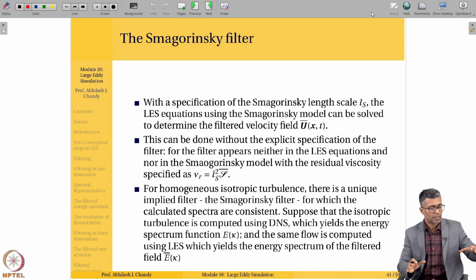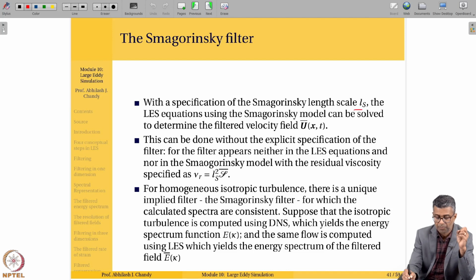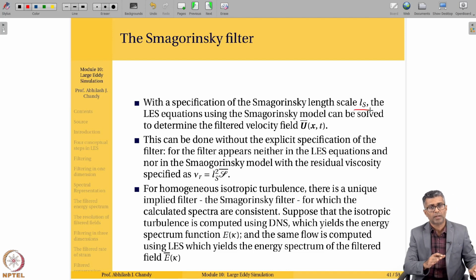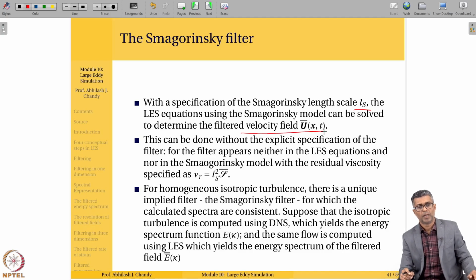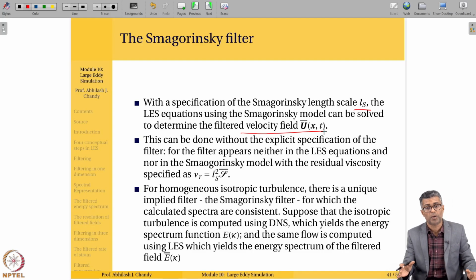Now that the Smagorinsky model has been defined, with the specification of the Smagorinsky length scale LS, the LES equations can be closed and solved to determine the filtered velocity field U bar. You can do this without an explicit specification of the filter, because the filter neither appears in the LES equations nor in the Smagorinsky model, right?